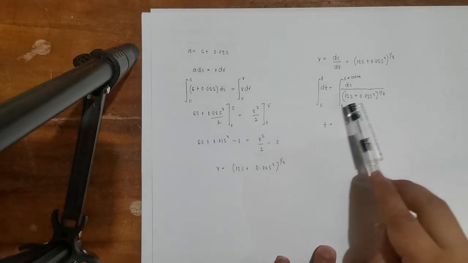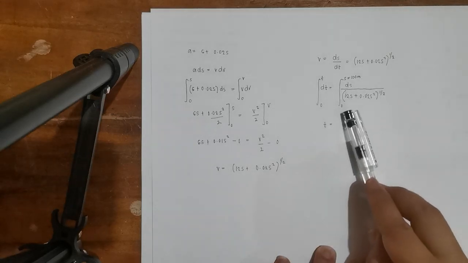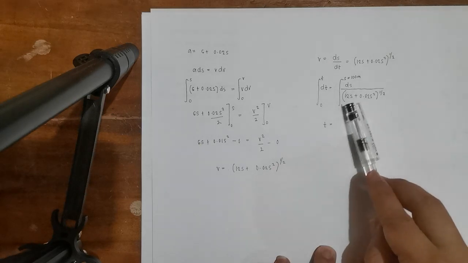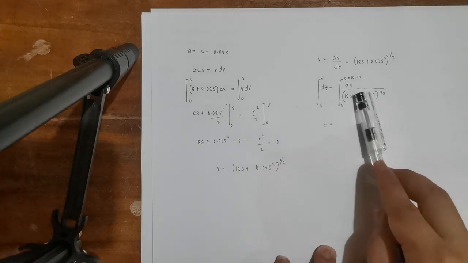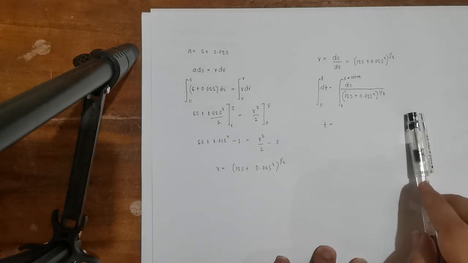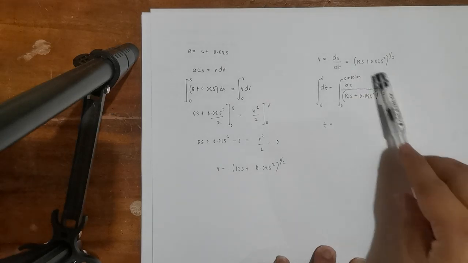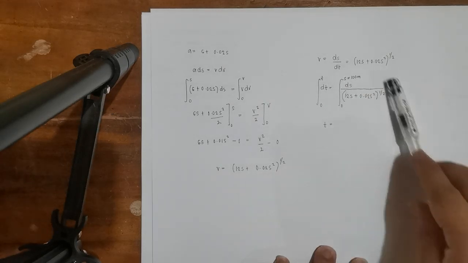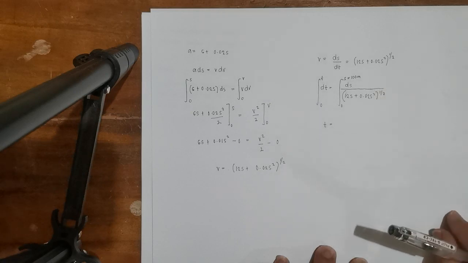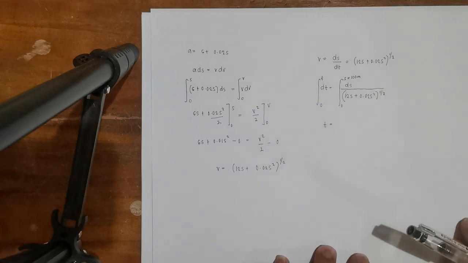Dapat solvable kapag sinubstitute natin mga limits. Kaya pag sinubstitute natin yung lower limit natin dito as 0, magiging 0 raised to 1/2, magiging 0. So, dapat hindi maging denominator natin ay equivalent to 0. So that the calculator can solve the given integral.